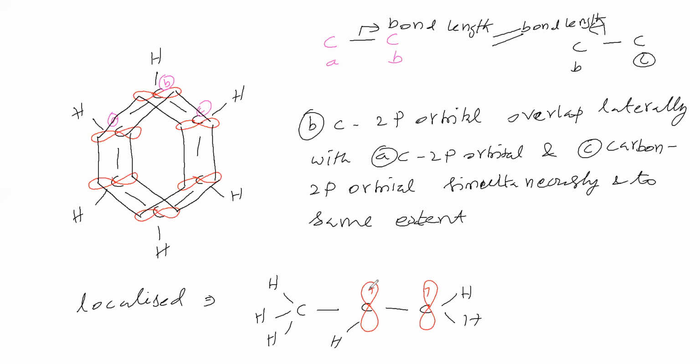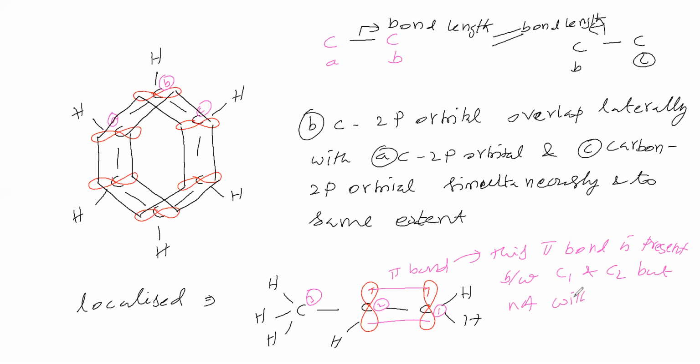These two 2p orbitals undergo lateral overlapping, therefore a pi bond is produced. Now let us take this as carbon number 1, this as carbon number 2, this as carbon number 3. Now we can say this pi bond is present between carbon 1 and carbon 2, but not with carbon 3.